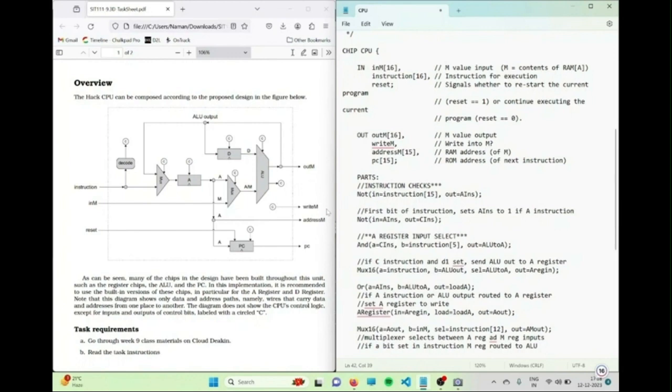As you can see on the flowchart, these outputs are writeM, outM, addressM, and PC. Now we see that the ALU provides an output that is written to the data memory.